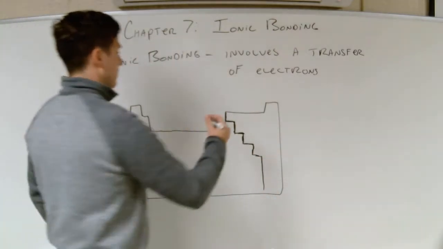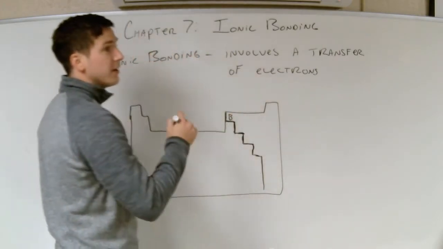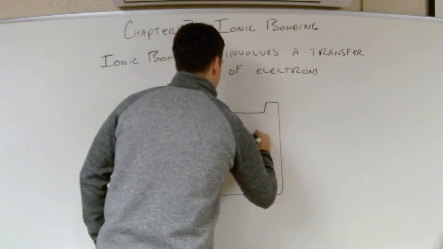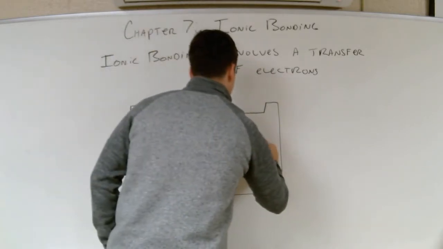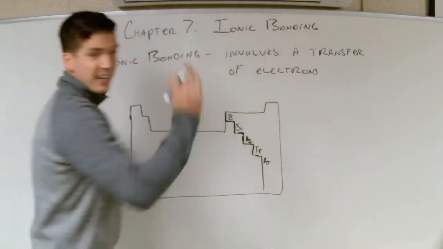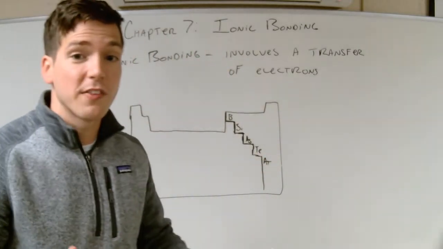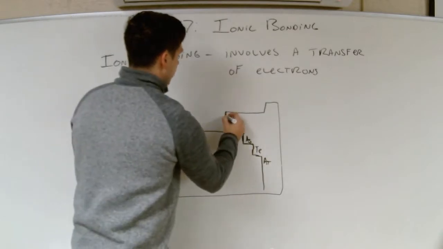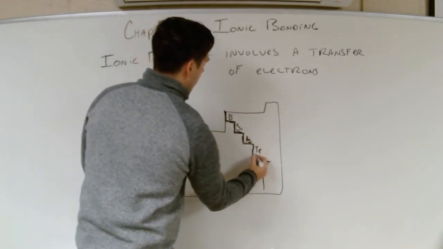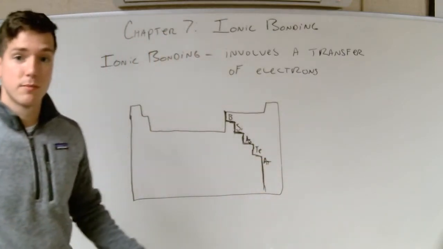Okay, so the stair step, you have boron on the right side of the stair step, silicon, you have arsenic, you have tellurium, and then you have astatine, and it falls all the way down. Okay, so draw that little bold stair step right here on your periodic table when you get a chance, okay?